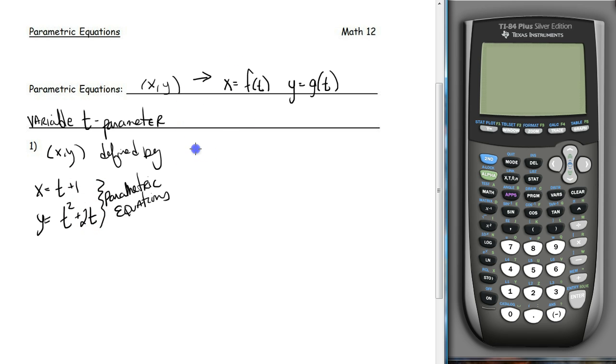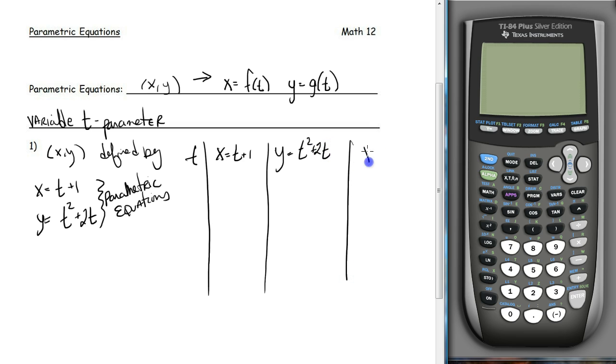So what we're going to do is set up a chart. I have t, I have my x value, which is t plus 1, and a y value, which is t squared plus 2t. And at the end, I can put them back together as a point, like how we normally see them.